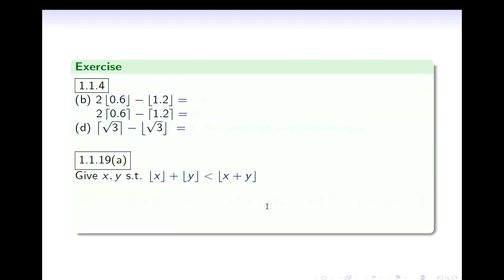Let's have another look at simple exercises just to make sure that you paid attention and understand. These exercises, by the way, are taken from this textbook. And you will always recognize this when you see an exercise number like this. It means exercise number 4 in chapter 1, section 1.